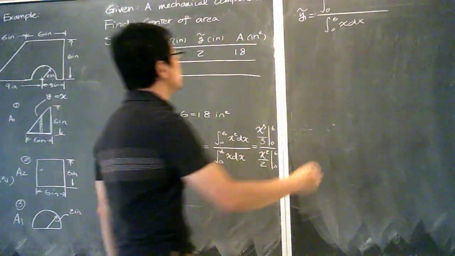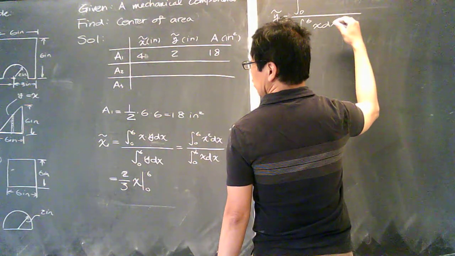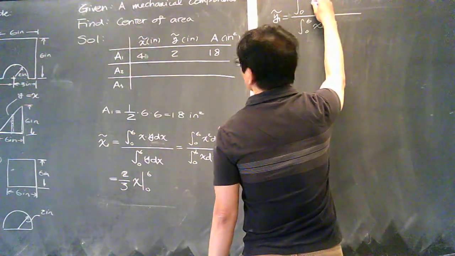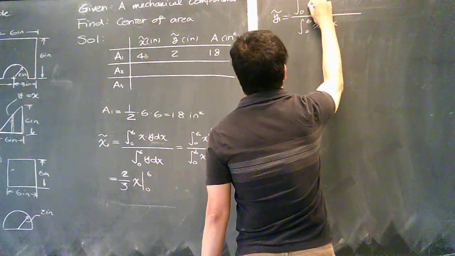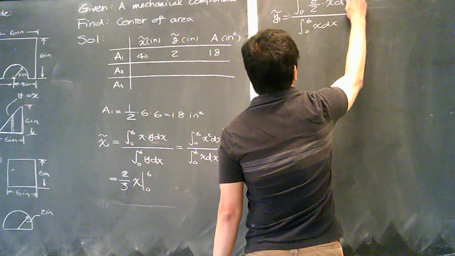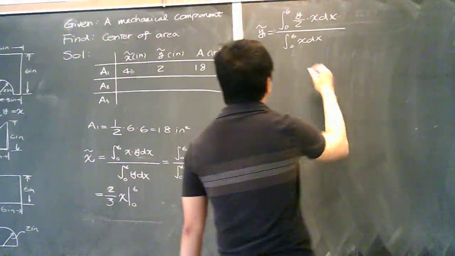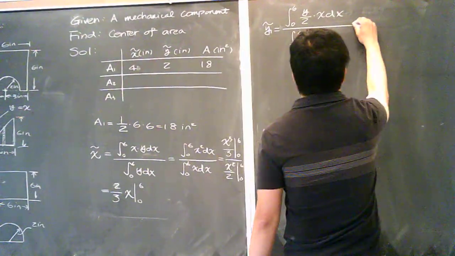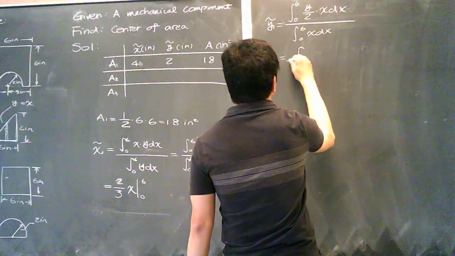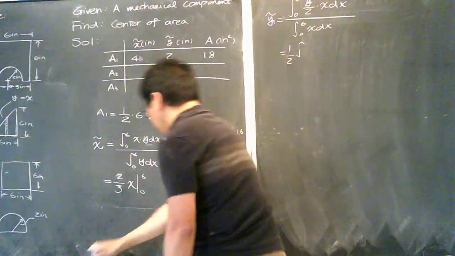So it's going to be 1/2 y multiplied by x.